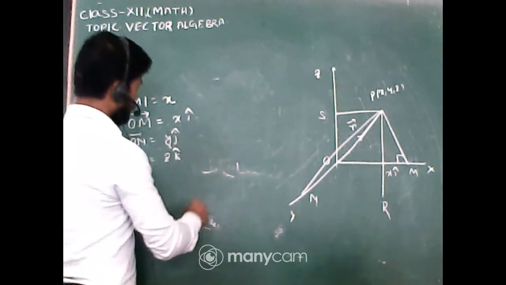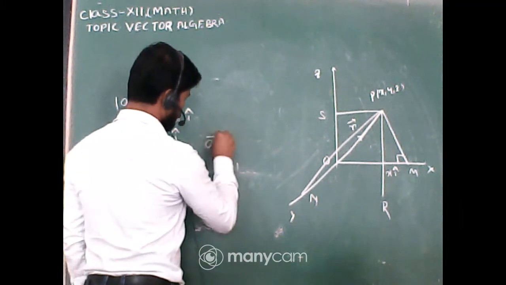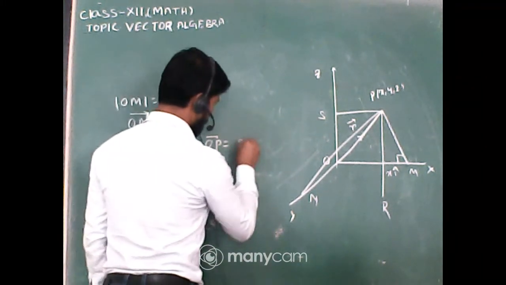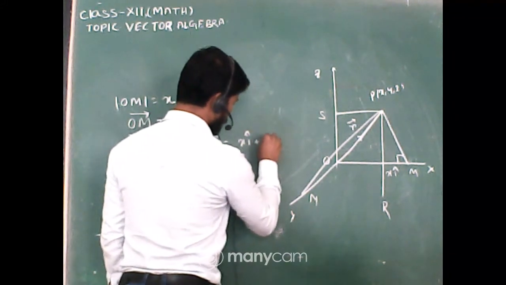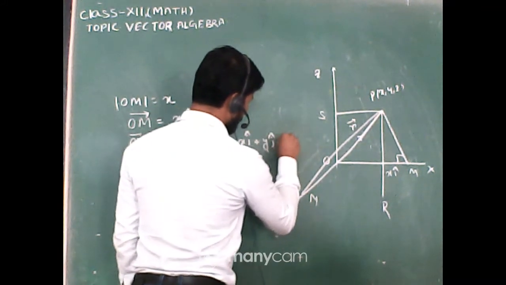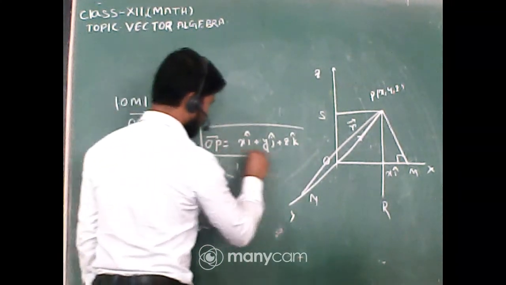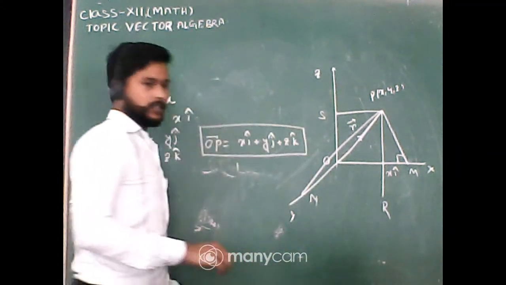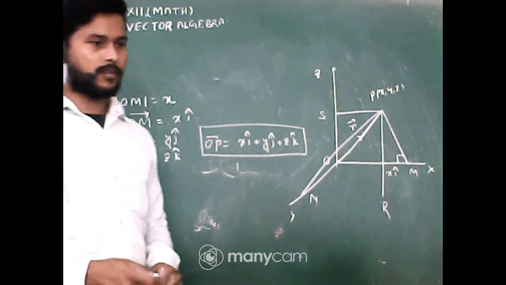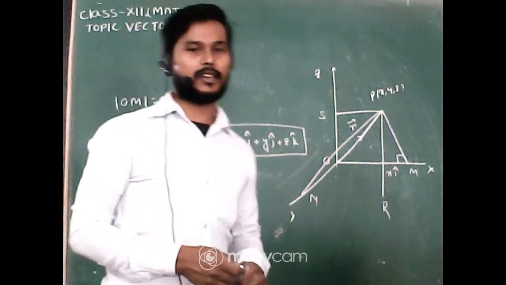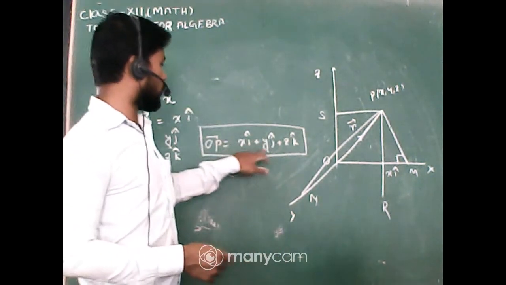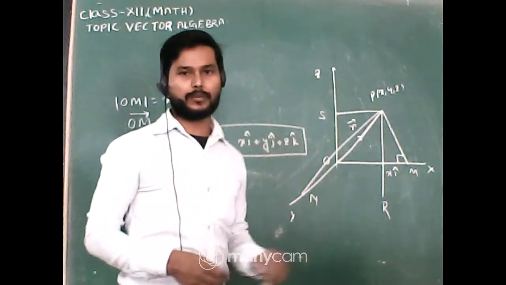Now OP will be equal to x i hat plus y j hat plus z k hat. This is the representation of any vector, where x, y, z are the coordinates of the point.